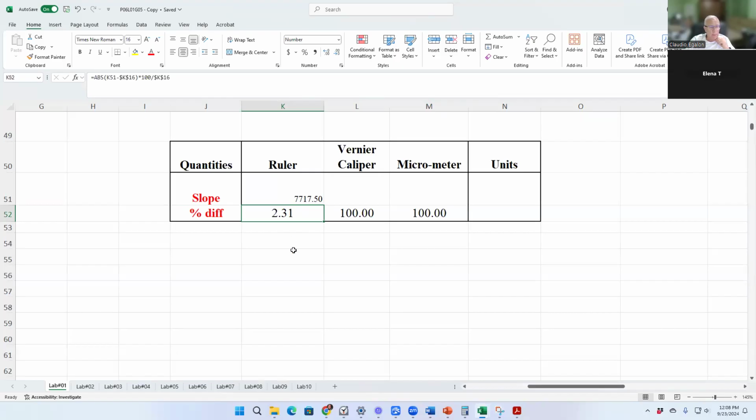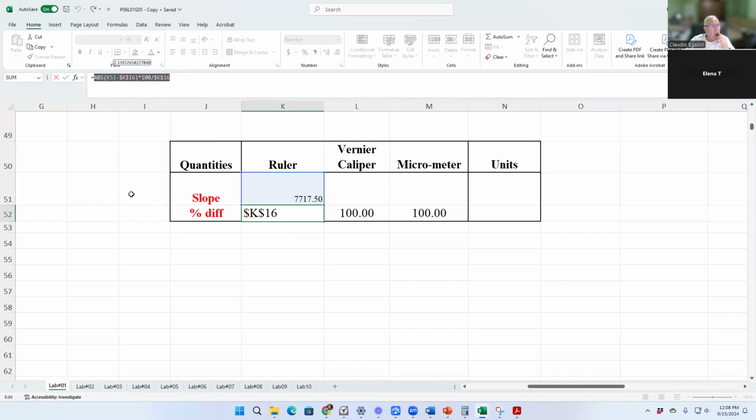It didn't do it for my cell. It's possible that you accidentally erased the formula. But the formula is this one here. Do you see the formula there?